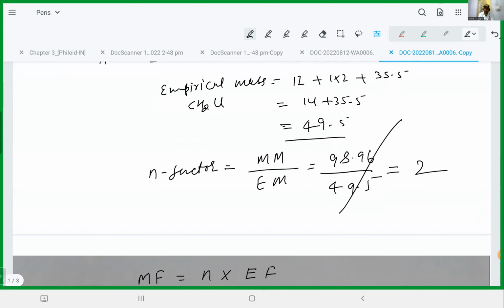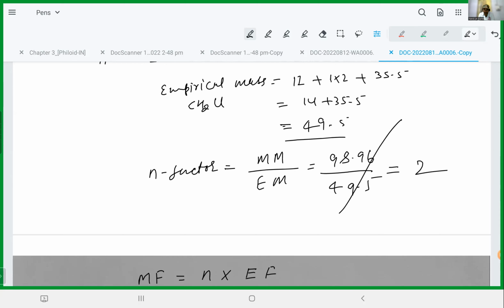Wait. Let me check the problem. Right. One second. Got it. Either I need to write this all or I need to share the screen.